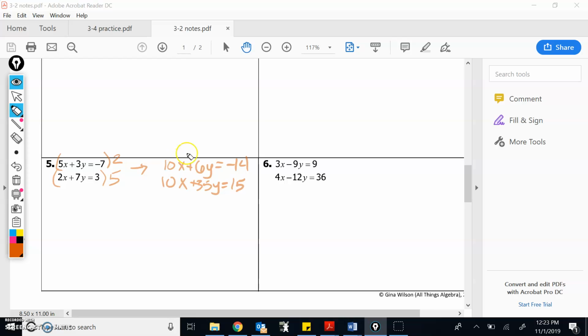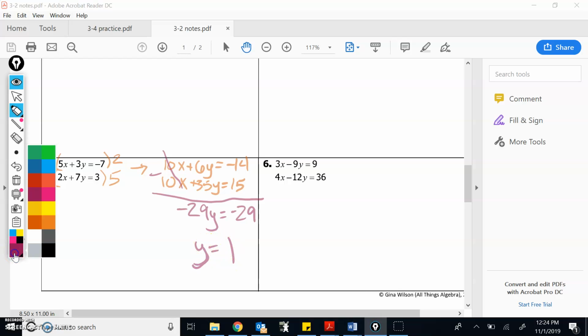Again, it doesn't matter if you do x or y, whatever's easier for you. Now we do our subtraction or addition. Here we have to do subtraction in order to cancel out the x's, and we're left with negative 29y equaling a negative 29, because negative 14 minus 15 is negative 29. Dividing both sides by negative 29 to make y a positive 1.